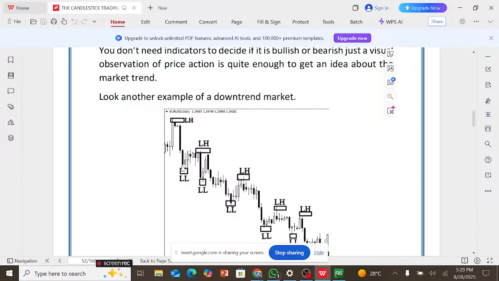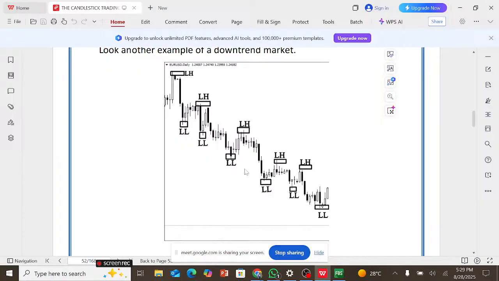So the market moves down, then it makes a pullback, moves down, it makes a pullback, it moves down: lower highs, lower lows, lower highs, lower lows. So a continuous pattern in a downtrend in a market. I mean, when the market continues to go down, doing retracements, that continuous situation, we call it a downtrend.